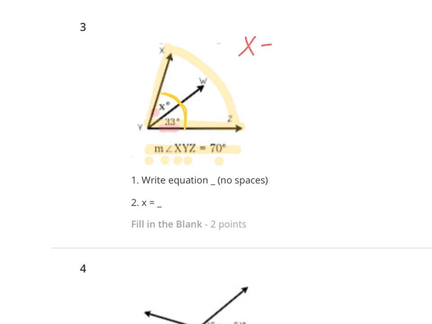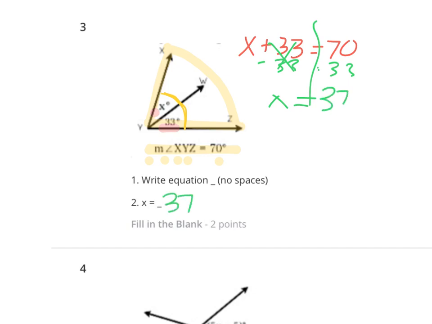So x plus 33 equals 70. And then I just solve my one-step equation here by subtracting 33 on both sides. x equals 70 minus 33, which is 37. So this answer is 37.